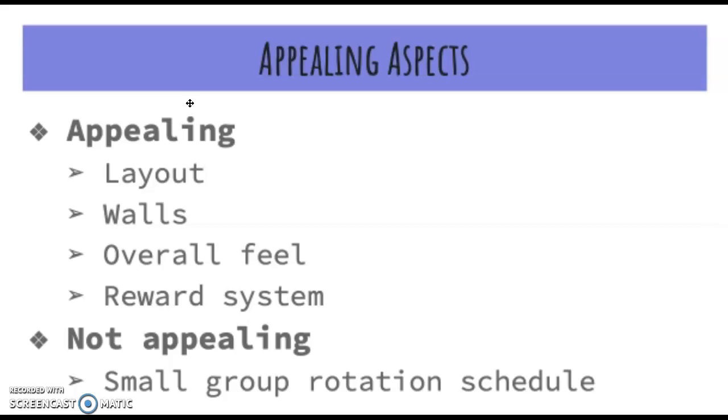It was appealing in a way that the adults were able to use it, but it wasn't appealing because the kids weren't able to refer to it and really understand it and where they were supposed to go. They kept asking questions like, where am I supposed to go next? And so it would have been a little bit more beneficial for the kids if it had visuals or if it was color coded for them to use.